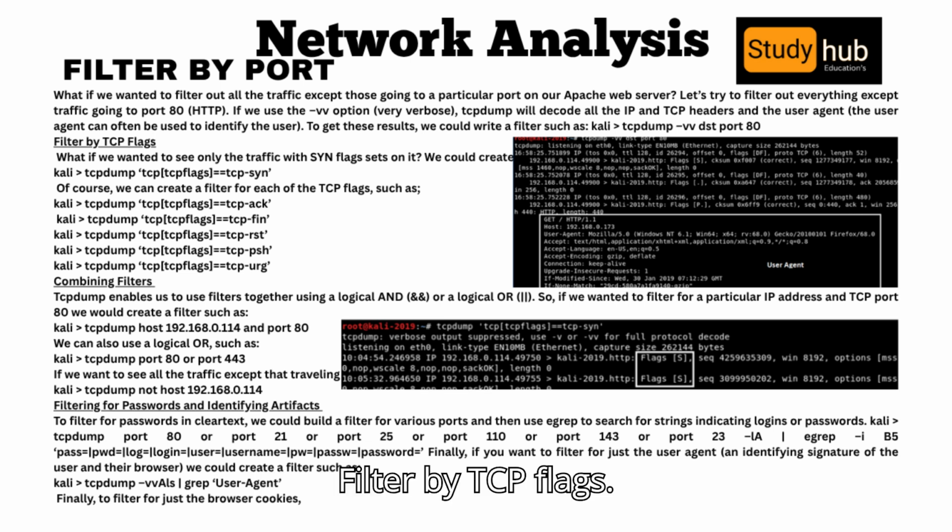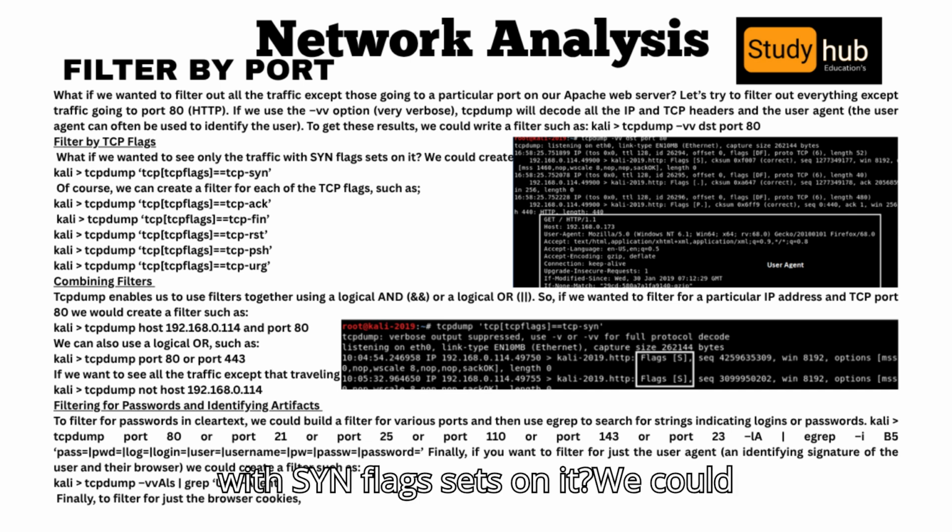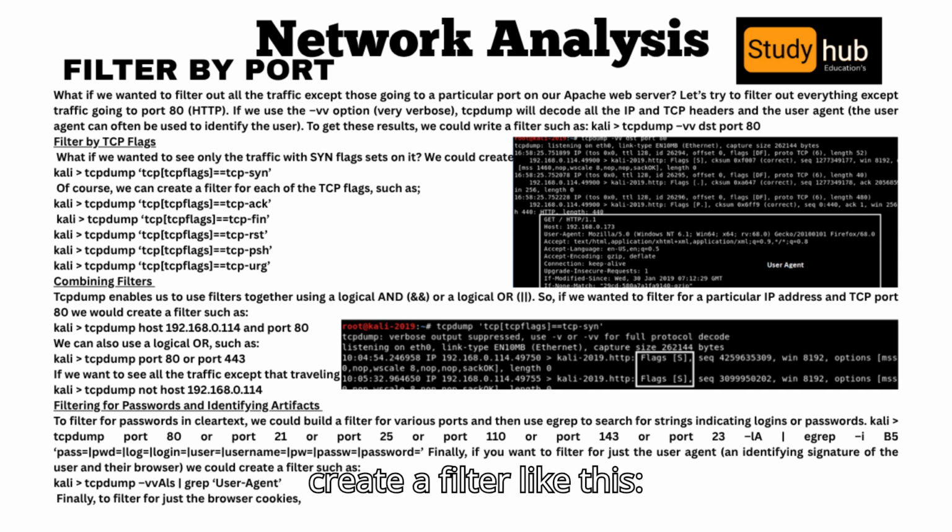Filter by TCP flags. What if we wanted to see only the traffic with the SYN flag set on it? We could create a filter like this. kali > tcpdump 'tcp[tcpflags] == tcp-syn'.